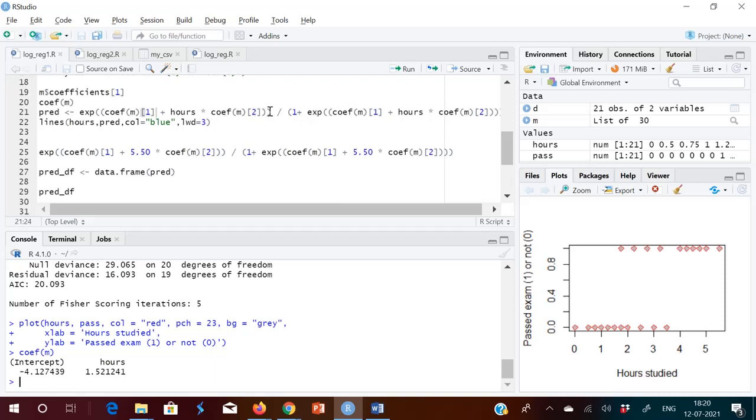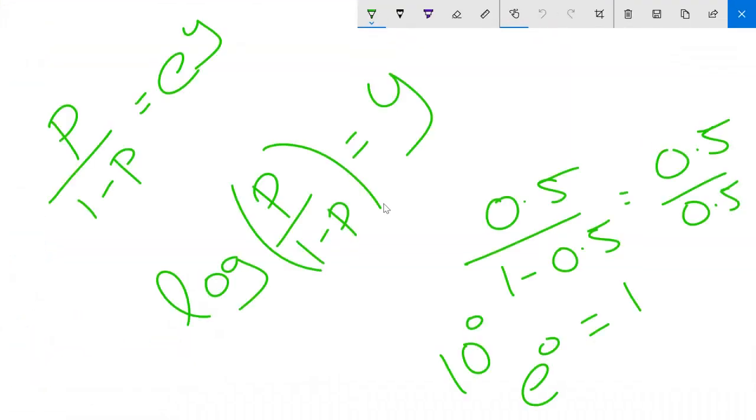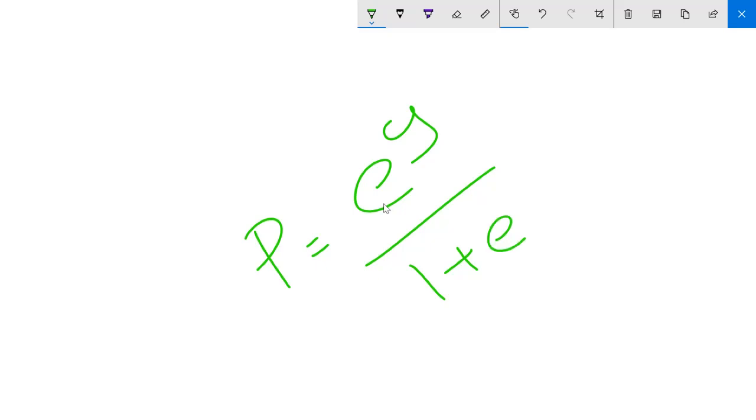This is e raised to y, and then 1 plus e raised to y. I showed you before that p equals e raised to y by 1 plus e raised to y.